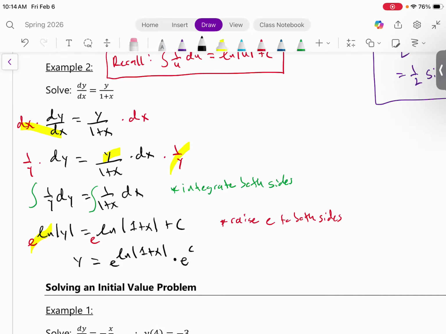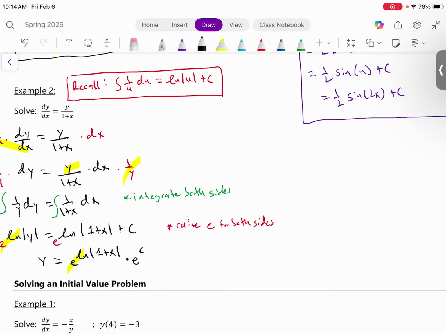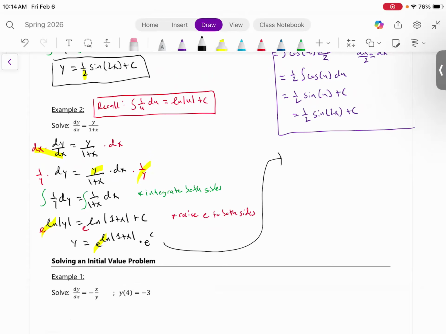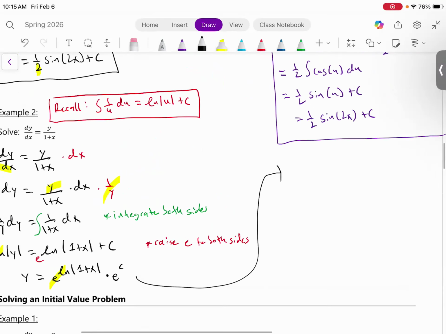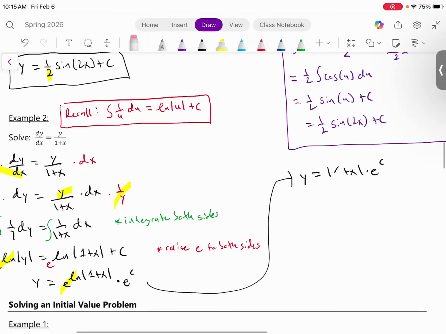Now what we can do is cancel out this e to the natural log. And so what I have is y equals absolute value of 1 plus x times e to the c. We have an absolute value here.